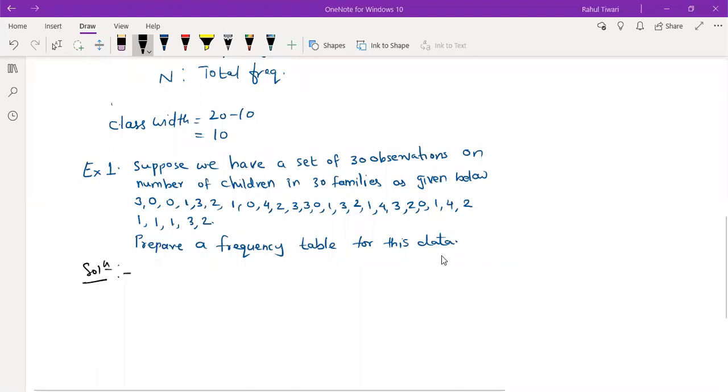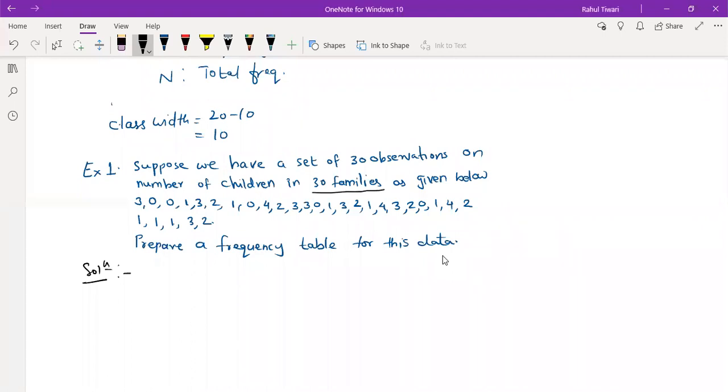Just take down this example, then we will solve it. Suppose we have a set of 30 observations on the number of children in 30 families. So we have considered 30 families here, and we are doing a survey on the number of children.